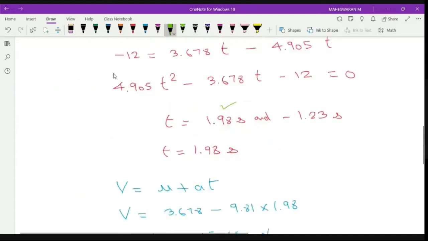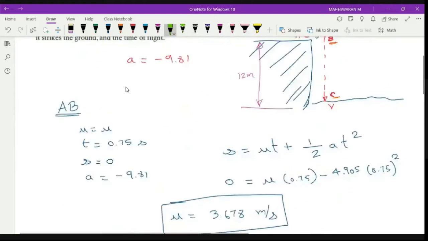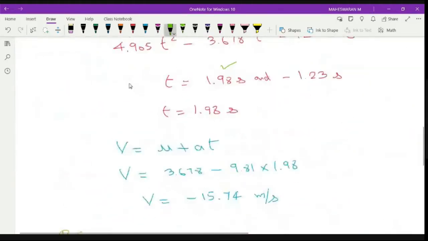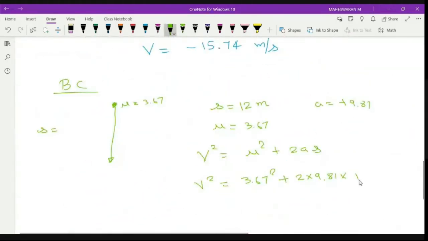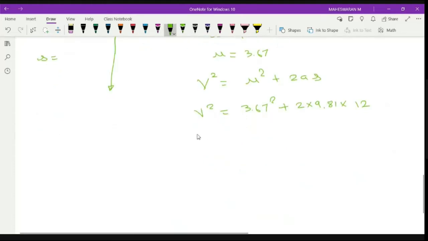What is my V square? 248.96. So what is your V then? 15.778 meter per second.